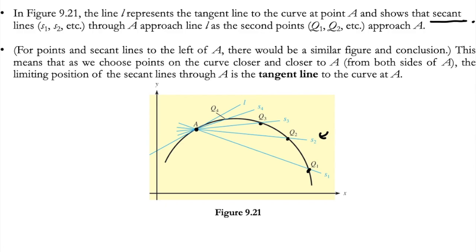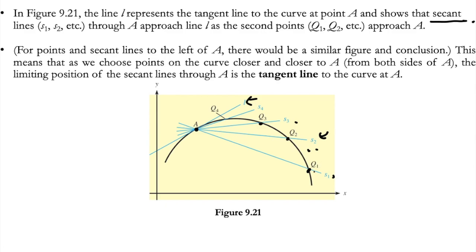I pick another point, Q3, connect it with A, and I get the third secant line, S3, and so on and so forth. Can you see? From S1 to S2, S2 to S3, S3 to S4 until the last.